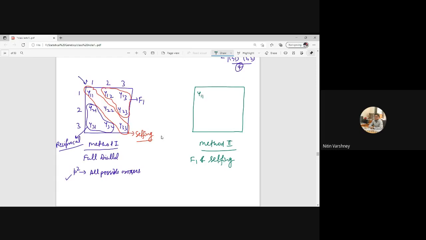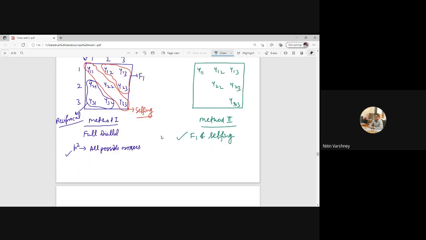It is y12, y13, y23, and selfing is y11, y22, y33. So in method 2, the crosses considered are F1 and selfing only. If there are P lines, how many crosses will be there? Here P is equal to 3. How many are there? 1, 2, 3, 4, 5, 6. So there are 6 crosses.